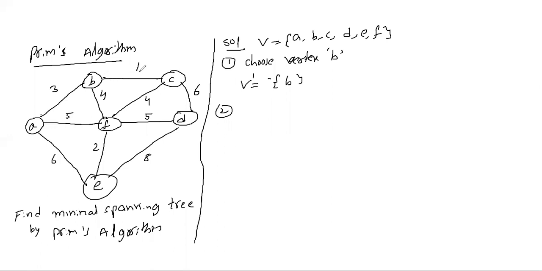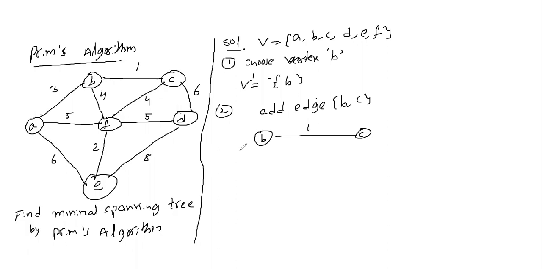B to C is the small weight. So you can add B to C. So add edge B comma C, the small one. That is BC. What is its weight? 1.